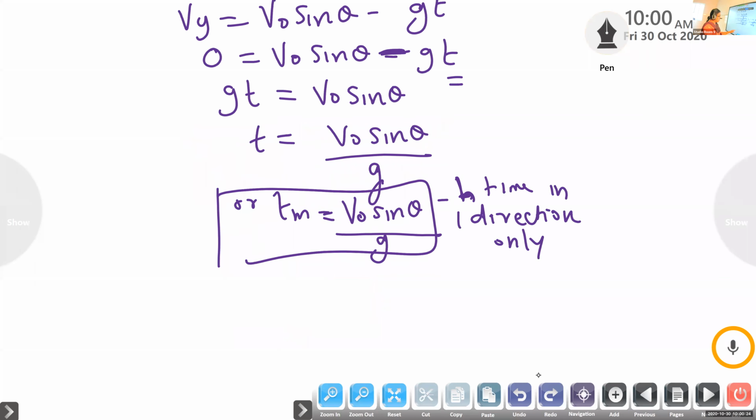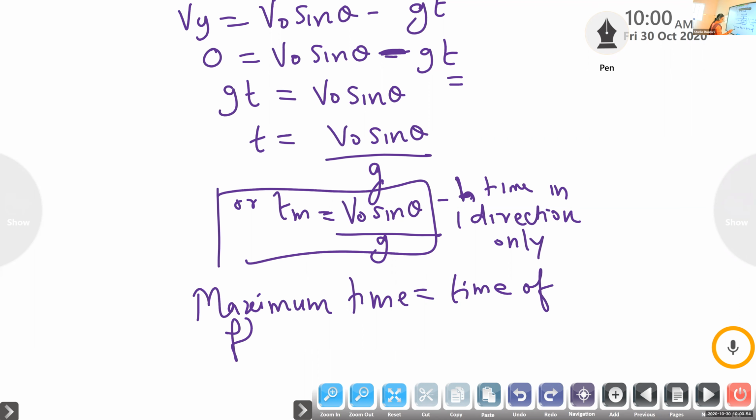So I'll wind up now because we will complete this derivation. So Tm is V0 sin theta by g, time in one direction. So the same time it takes to come down. Suppose it's a vertical motion. We are not talking about projectile motion. In this case, we go upward to a height and come down. Therefore, maximum time, or in your book, we are using another equation, that is time of flight. Maximum time or time of flight is equal to double.